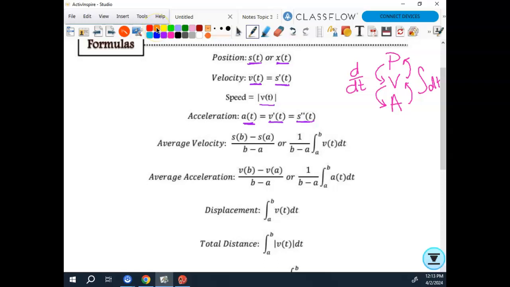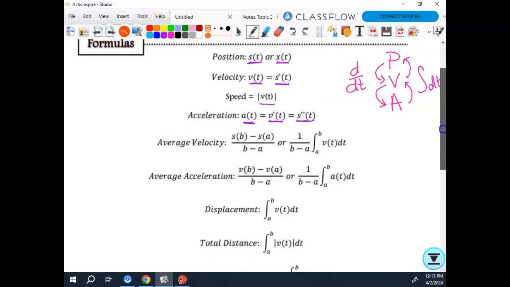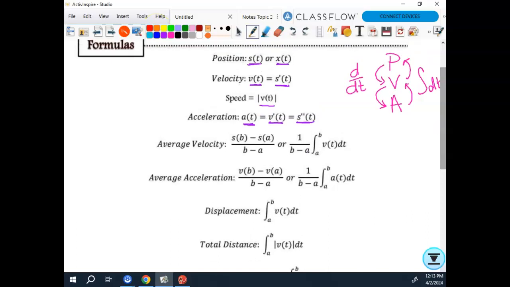All right. So the way we want to think about velocity, this is the rate of change of position. Cool.